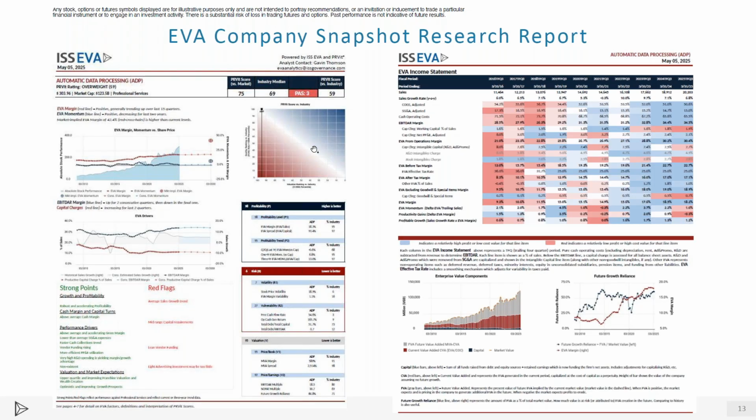So this firm will be living in that upper left, what we call expensive but worth it. And then you'll see on the bottom half of this first page that you have strong points and red flags. Looking at those strengths and weaknesses, that's broken down into growth and profitability, cash margin and capital turns, performance drivers, and finally valuation and market expectations.